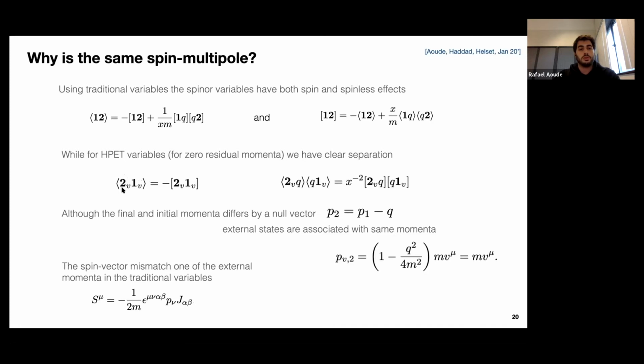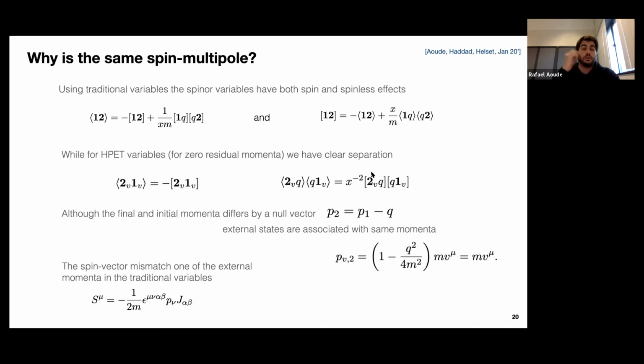So if you want to change from chiral to anti-chiral, the spinless and the spin do not mix, and the same is true for the spin effects, right?